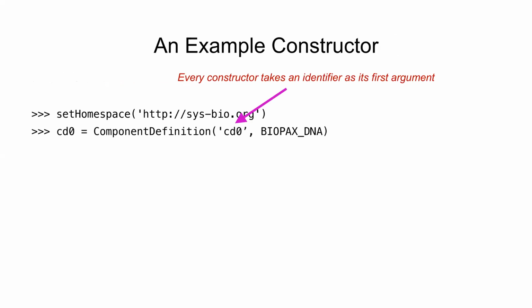This is an example constructor. So this is instantiating a component definition. And when you use SBOL compliant URIs, you don't have to specify the full URI of the object you're creating. You just give it the display ID. And I'll show you in a second that it's going to auto-generate the full URI.